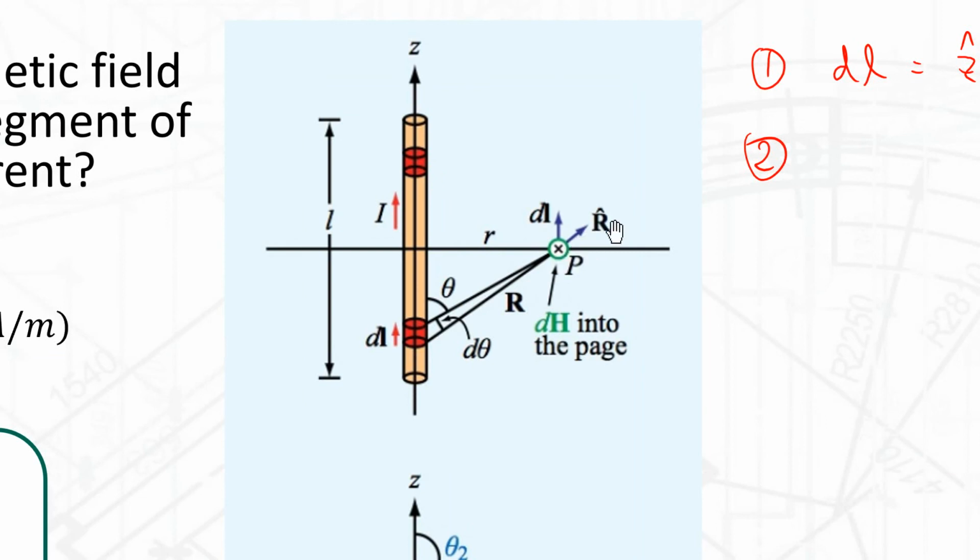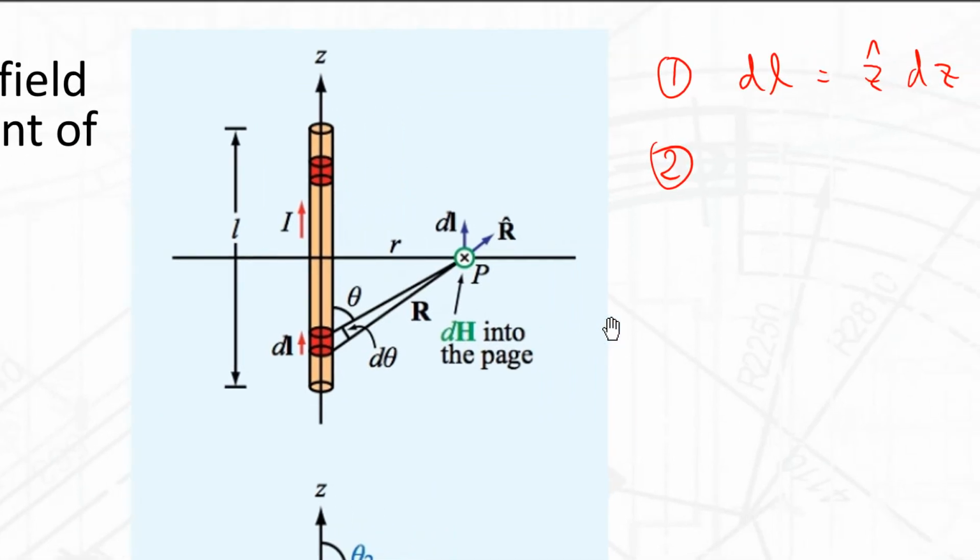This is to highlight the fact that r points from the location of the current to the observation point. dl is in the z direction, as you can see here, so that gives us a little bit of an orientation. And you have this angle theta here that forms the angle between r and the z-axis.